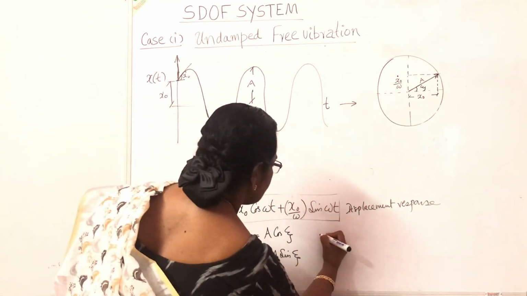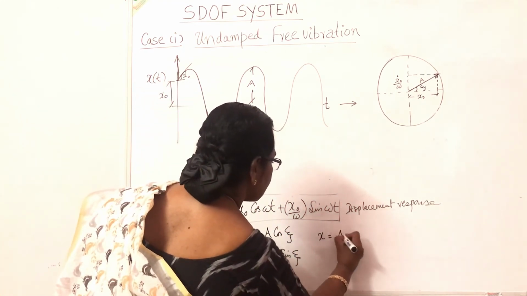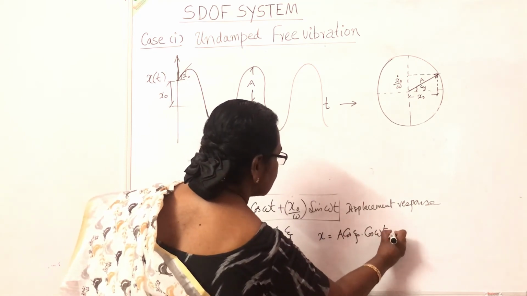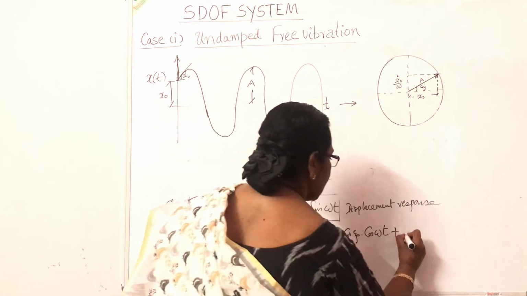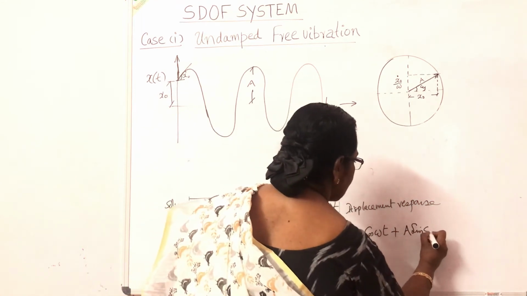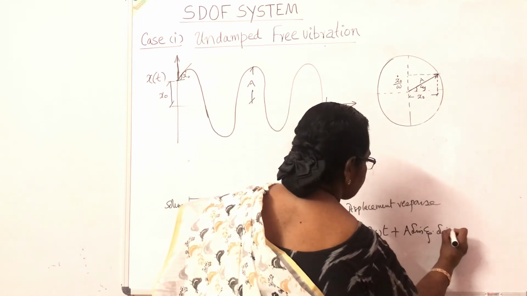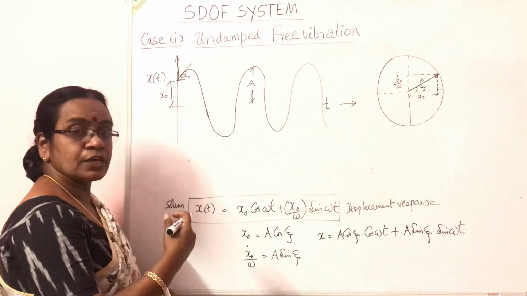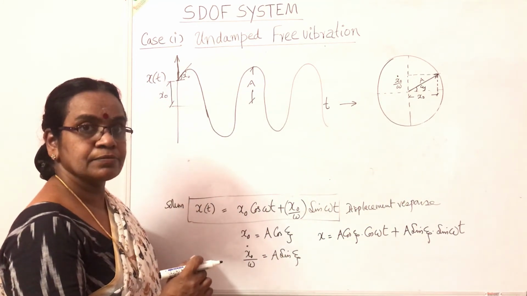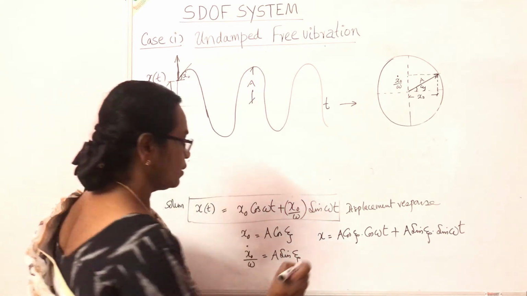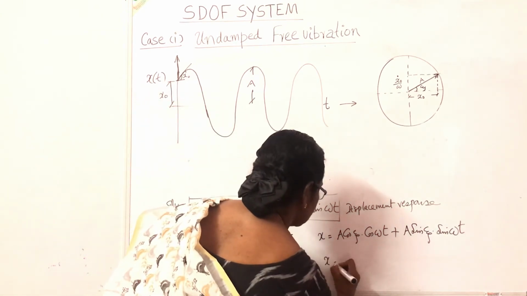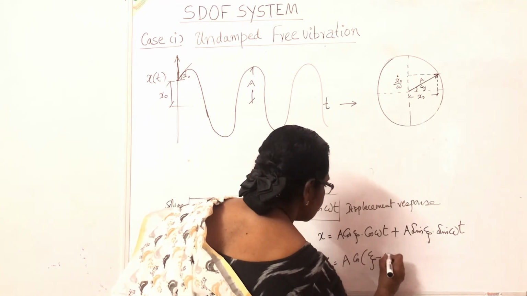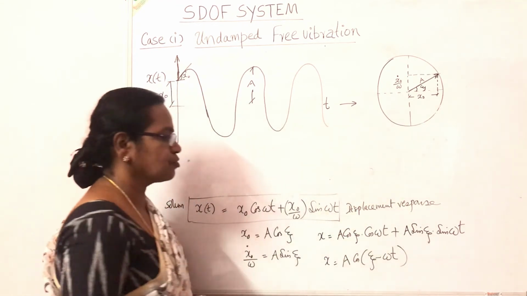It will become x is equal to A cos psi cos omega t plus A sin psi sin omega t. This is of the form cos A cos B plus sin A sin B. It is cos of A minus B, so you can write it as x is equal to A cos psi minus omega t.